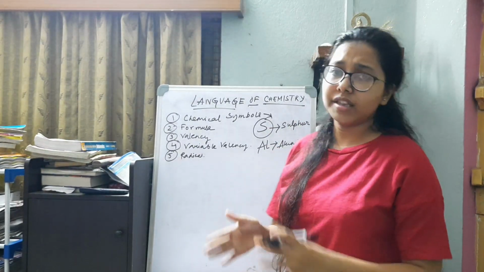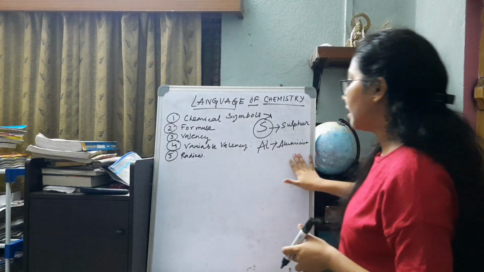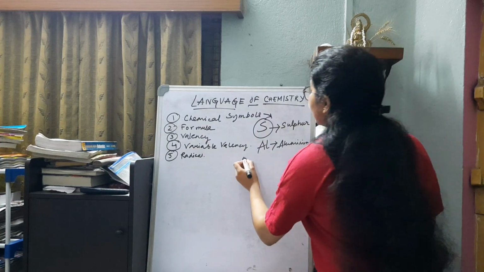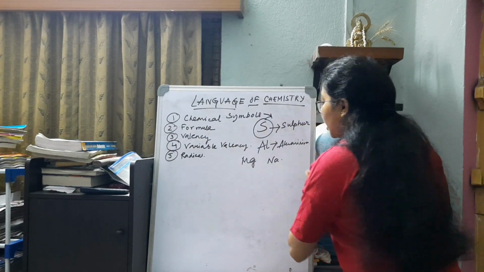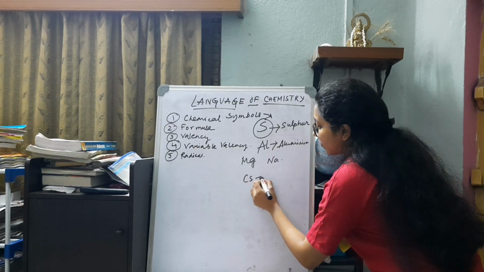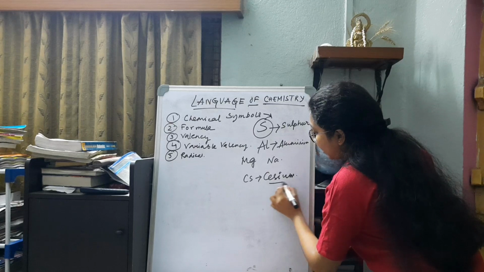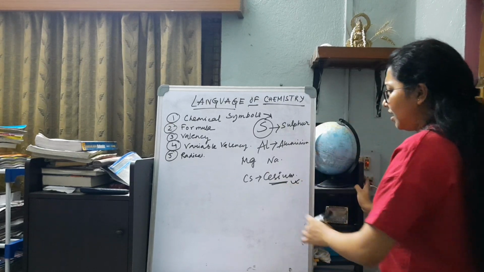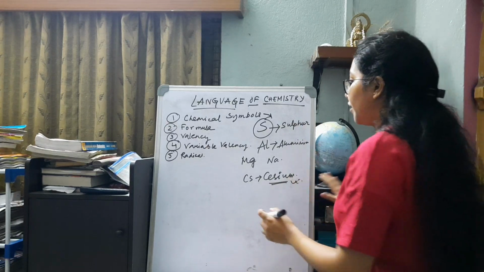You will be finding all these different examples in your book as well, and you have already done them as well, like aluminium. Then Mg is for magnesium, Na is for sodium, Cs is for cesium, which is a radioactive alkali metal. In this way, you have already done this before as well. You already know what it is.